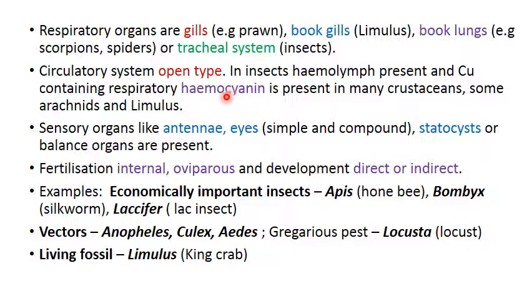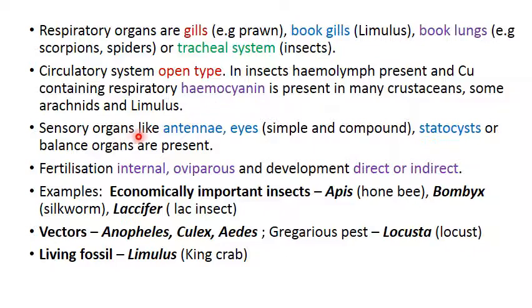When the blood is deoxygenated, it is colorless, and when the blood becomes oxygenated, it turns blue in color. It is present in many crustaceans, some arachnids and Limulus. Arachnids means scorpions, spiders, and Limulus is the king crab, which is a living fossil.